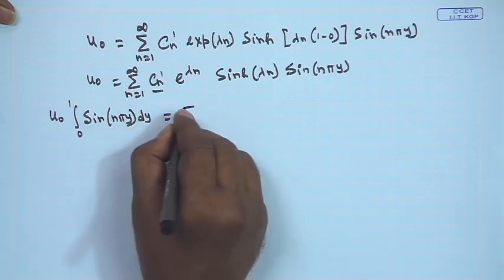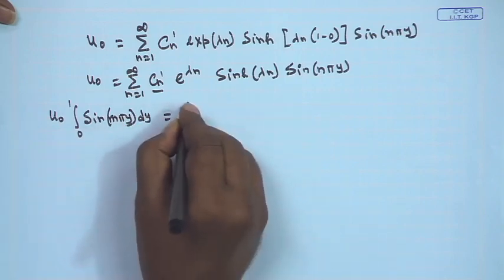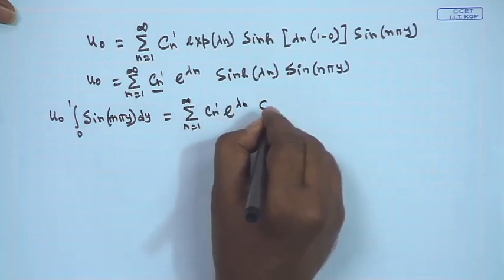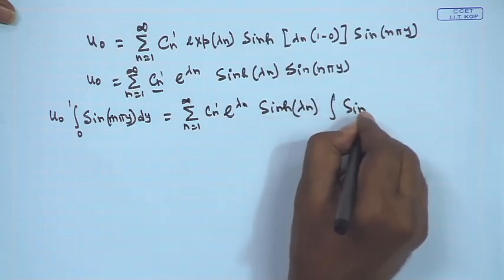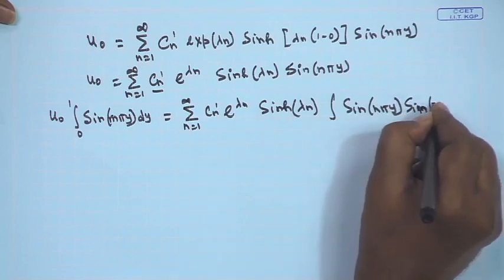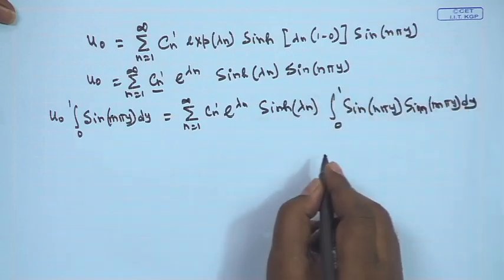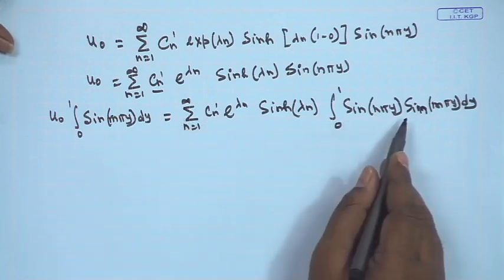Using the orthogonal property, once you open up the summation series, all the terms will vanish except one term where m is equal to n, and that term we will be having on the right hand side.